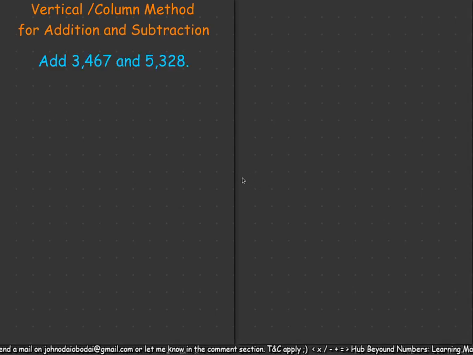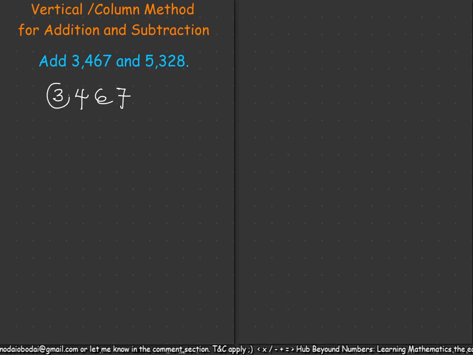Now for this first question, we have to add 3,467 to 5,328. So for this first one, that has to do with addition. What you do is you write the first number, which is your 3,467. And you take note that this is the ones, the tens, hundreds, and thousands.